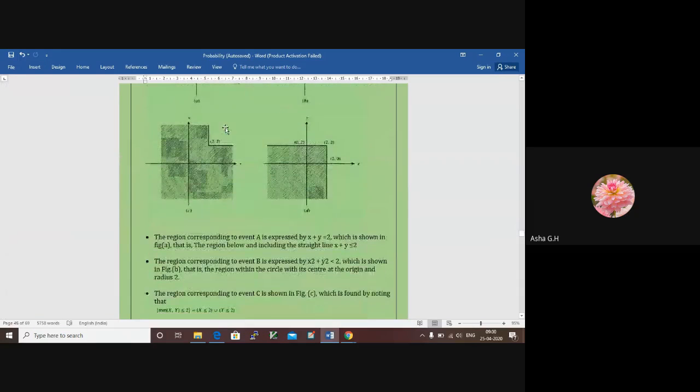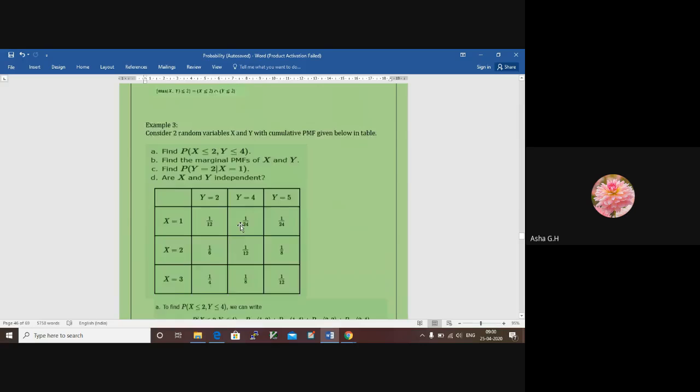Everything beyond this is x greater than w and y greater than w. But our function is 1 minus that, so we exclude this region. See, x greater than 2 and y greater than 2 is this region, and we are interested in 1 minus this region. So this is our area of interest.